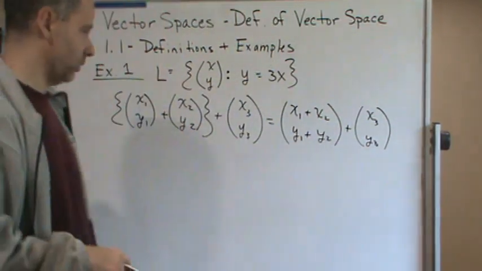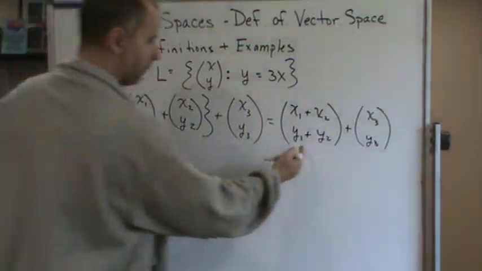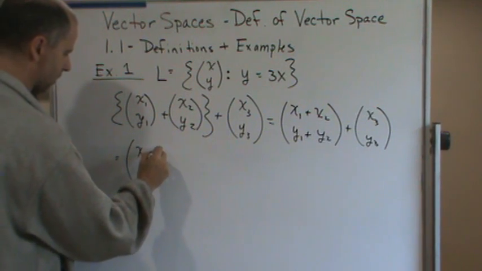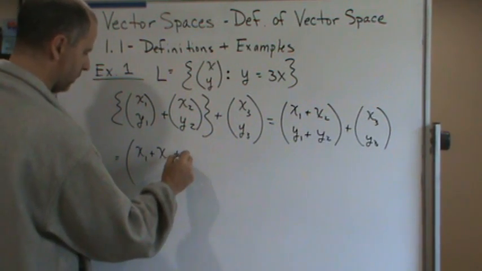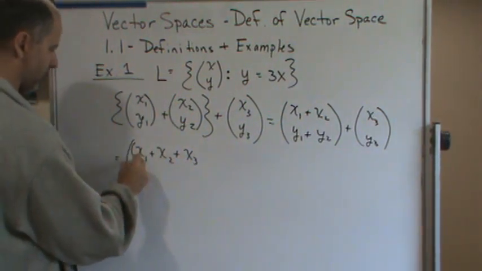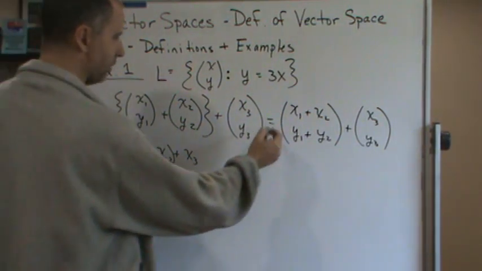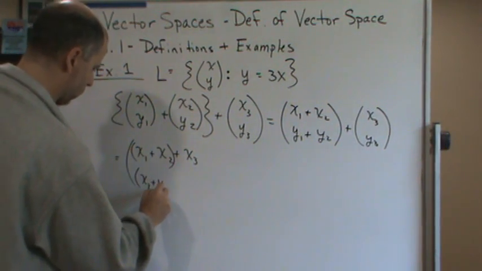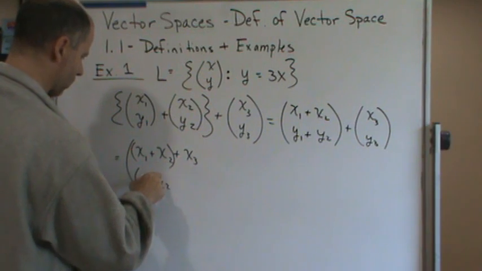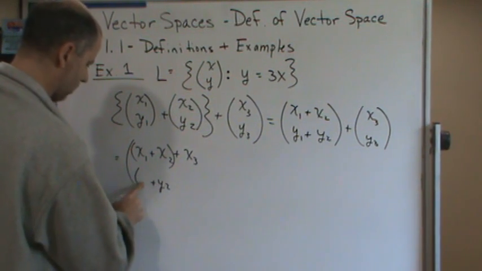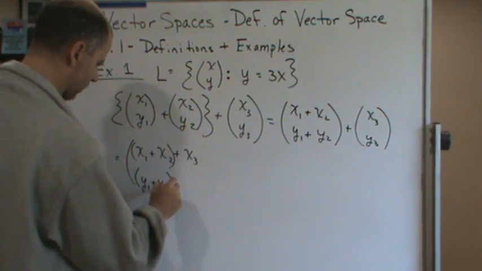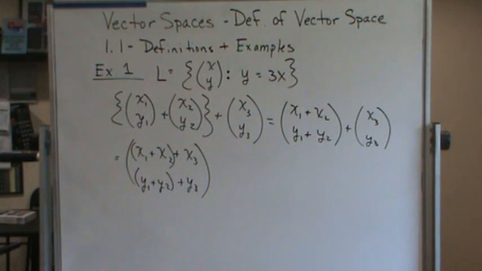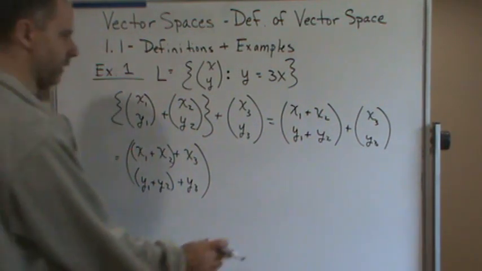Now the textbook might do it a little differently. So now I'm going to add these. So that's going to give me x1 plus (x2 plus x3), because these are grouped together, and y1 plus (y2 plus y3), because these are already grouped together.